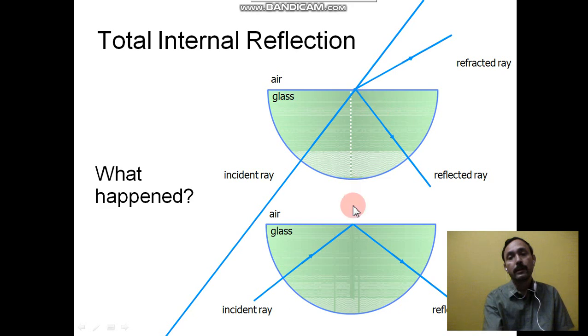Now, if light is incident at more than the critical angle, this is the normal, then we will not get any refracted ray. Instead of refraction, only a reflected ray we will get. This phenomenon is known as total internal reflection. That means the entire light is reflected here.